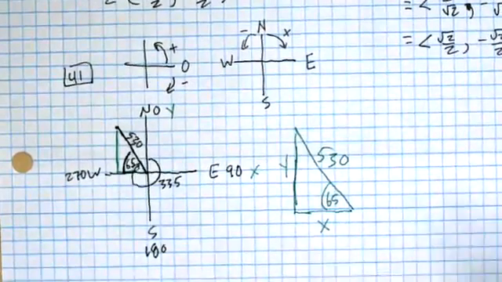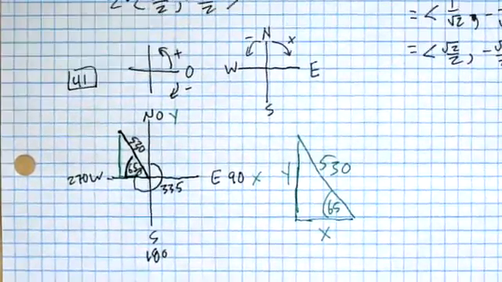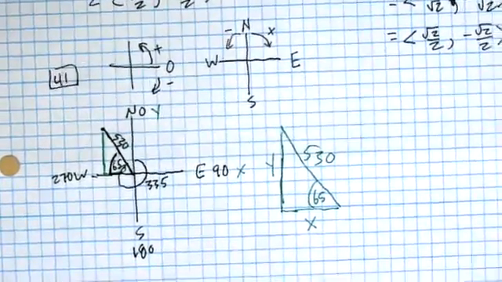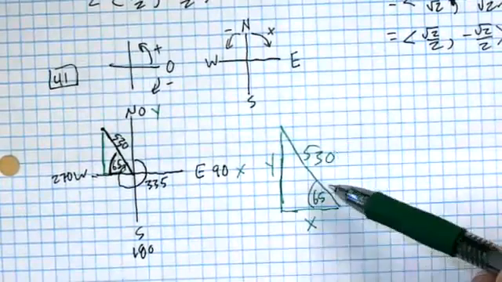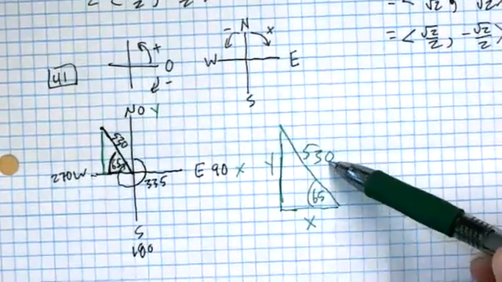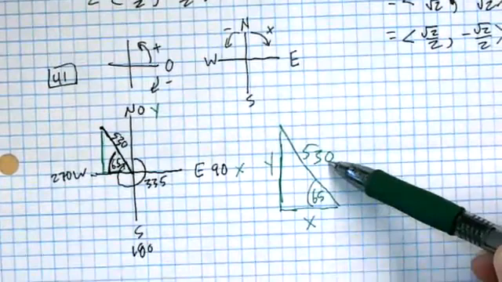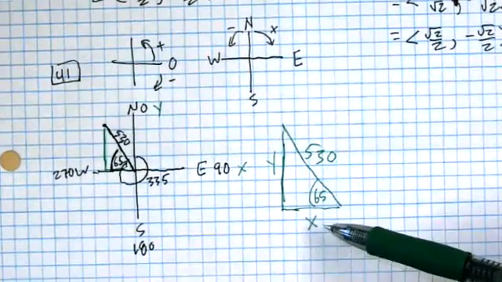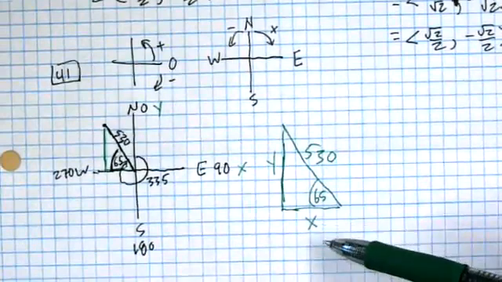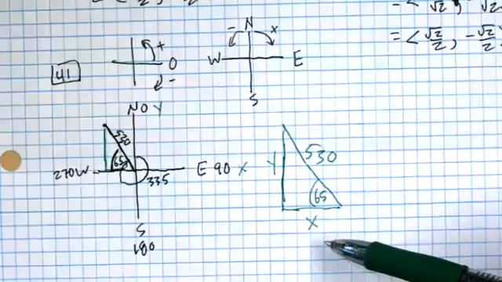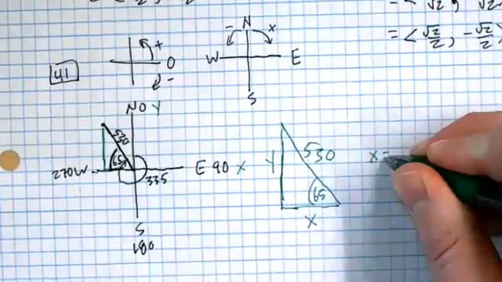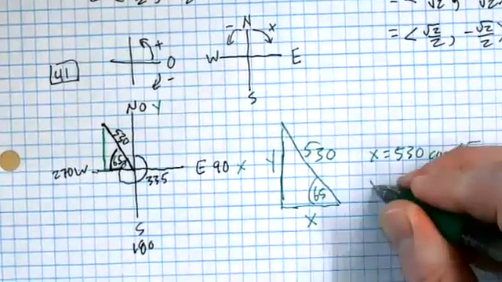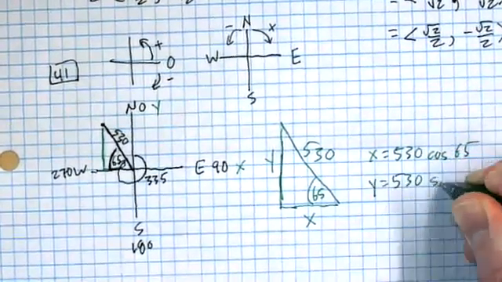How are we going to find it? SOHCAHTOA. And I'll give you a little cheat code for this. Anytime you're looking for components, it's just going to be this times either sine or cosine of the angle. Which one do you suppose x is going to be, sine or cosine? Which one went with x when we were doing our unit circle before? Cosine went with x. So the x is just going to be 530 cosine 65, and the y is going to be 530 sine 65.